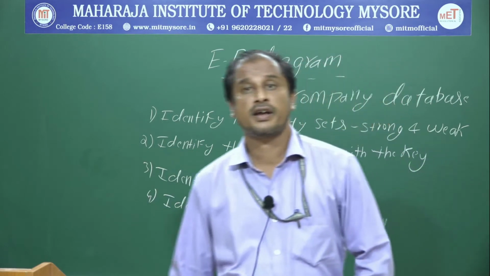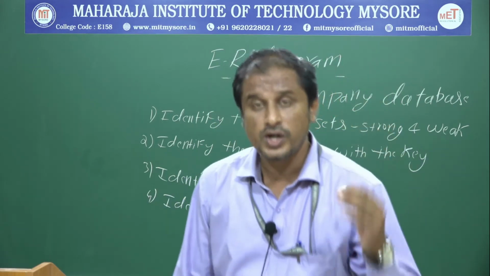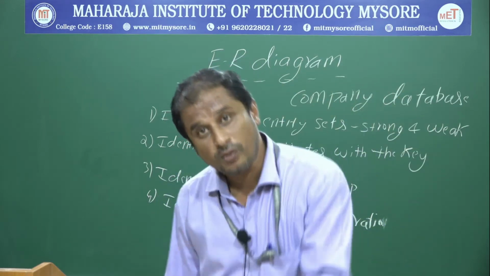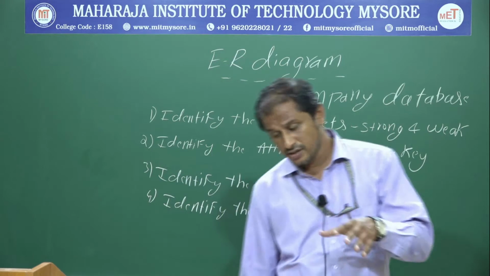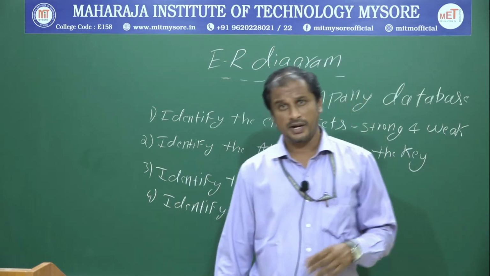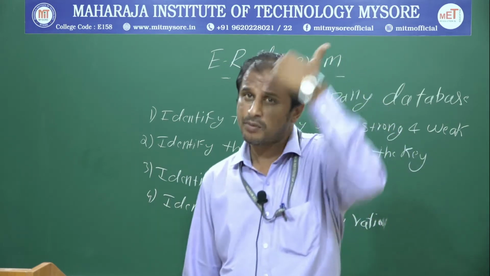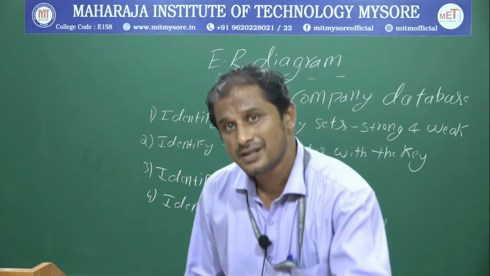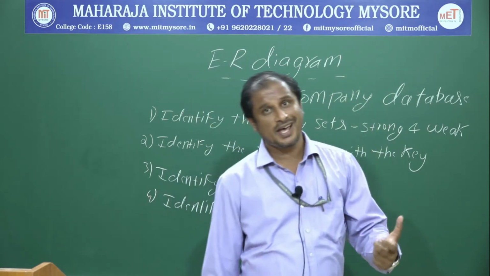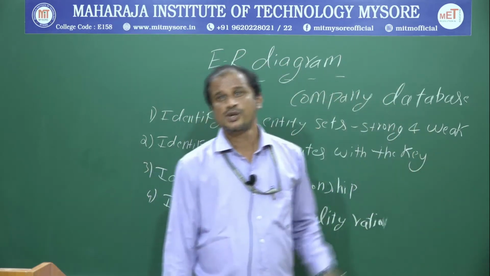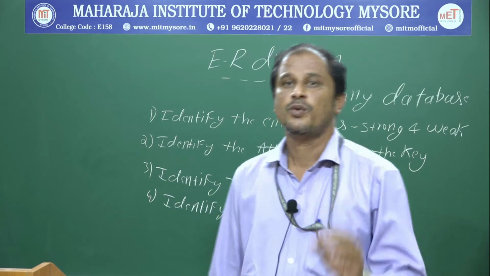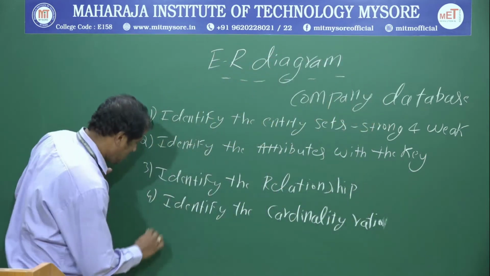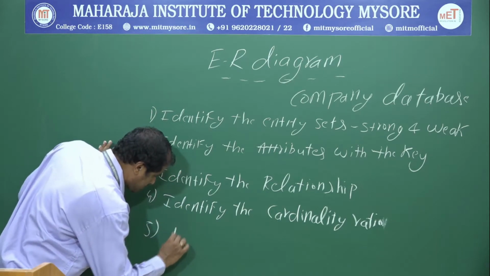So I identify the cardinality ratios: 1:1 between employee manages department; many employees work for one department; many employees work on many projects; one department handles many projects; and one employee has many dependents. So this is the cardinality ratio you want to identify. This is step number 4.